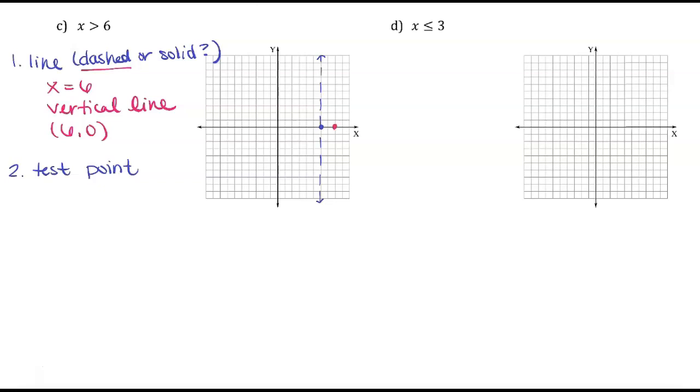Let's choose the point 8, 0, and we'll test that. Substituting x equals 8, we have 8 is greater than 6. This is a true statement, so our intuition was correct, that the right side of the line is the solution set. The last thing we need to do is shade that correct side.